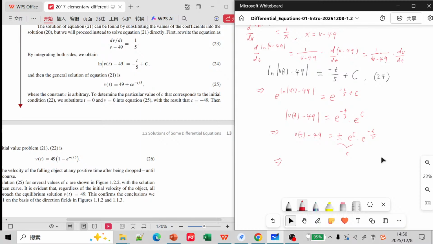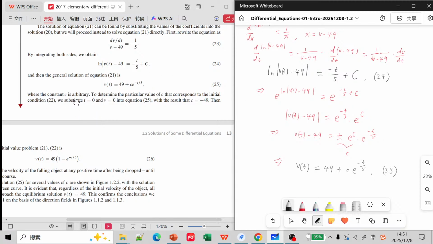We can get v of t is equal to 49 plus small c times e to the power of minus t over 5. Okay, this is equation 25.